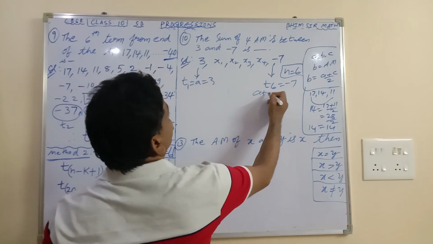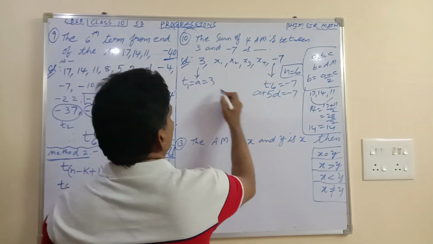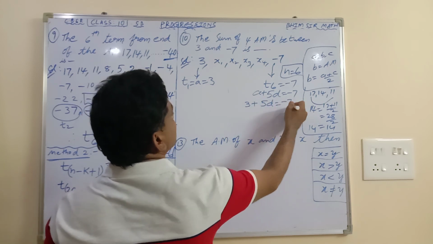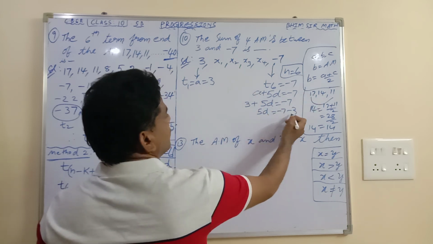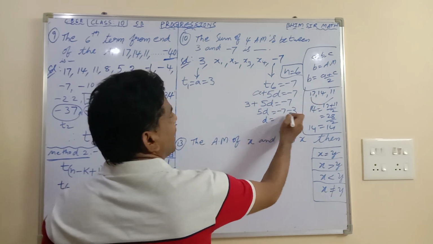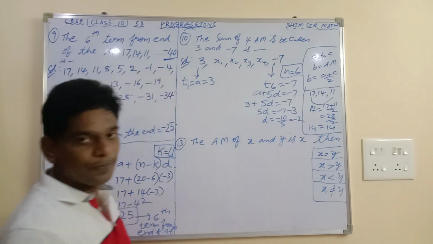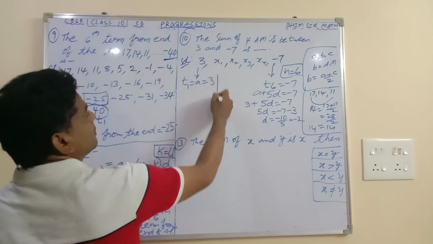Directly A + 5D equals -7. A value is 3. 3 + 5D equals -7. So 5D equals -7 - 3. So D equals -10 by 5, which is -2. D value is -2. So A value is 3.